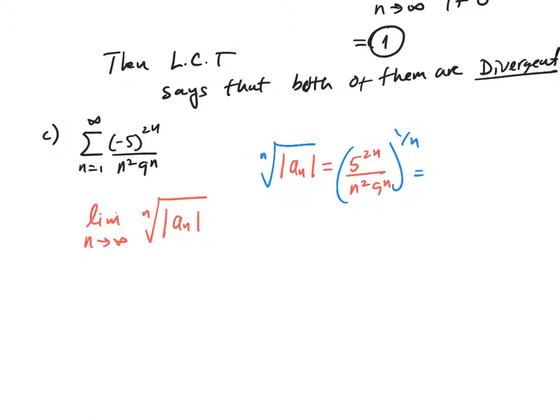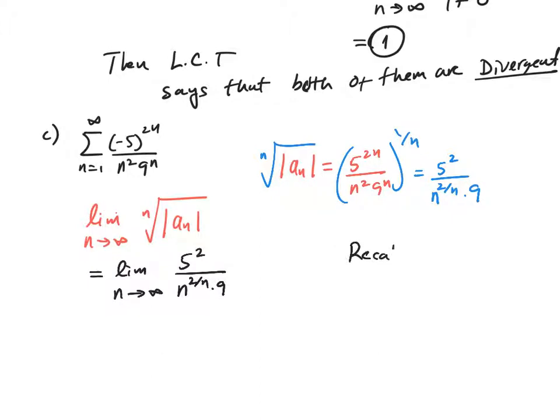So remember, this gives you 5 squared, because the n will cancel, and on the bottom this will be n to the 2 over n times 9, because the n cancels. So then, if we take the limit, it's the same thing as the limit as n goes to infinity of 5 squared, which is 25, divided by n to the 2 over n times 9.